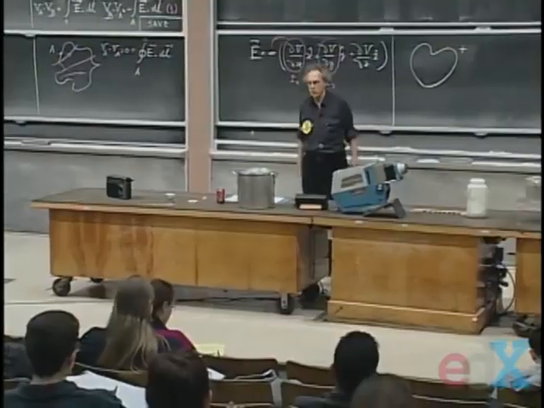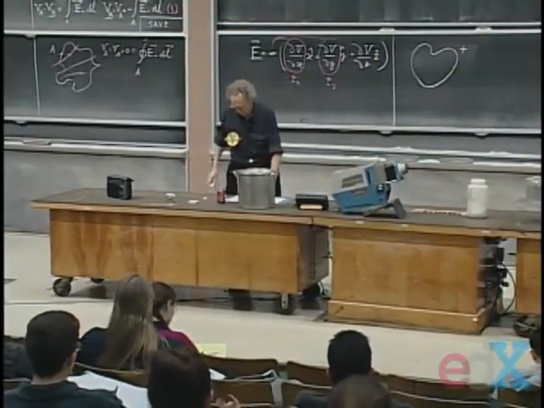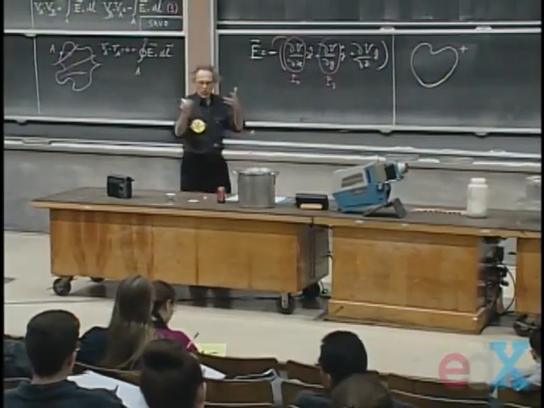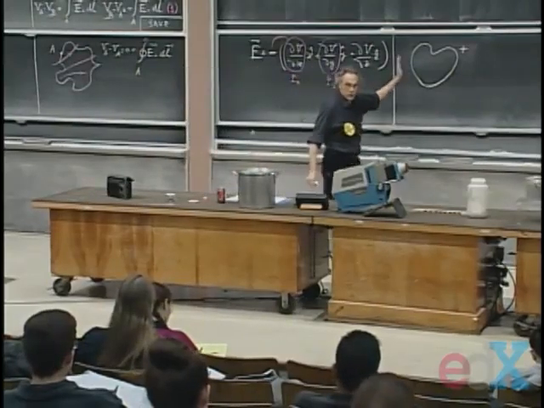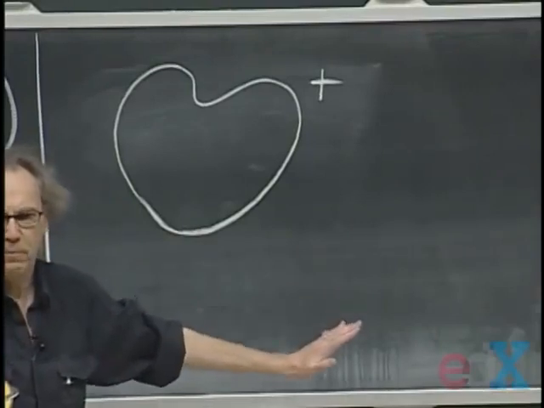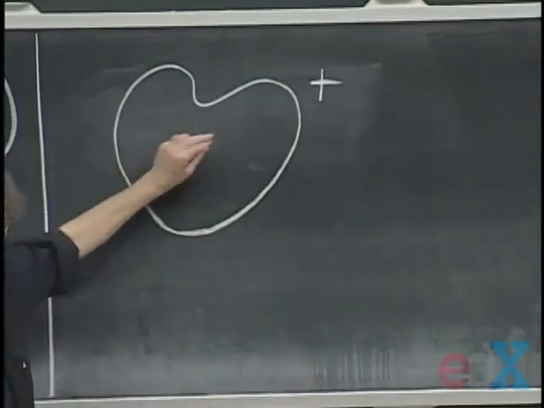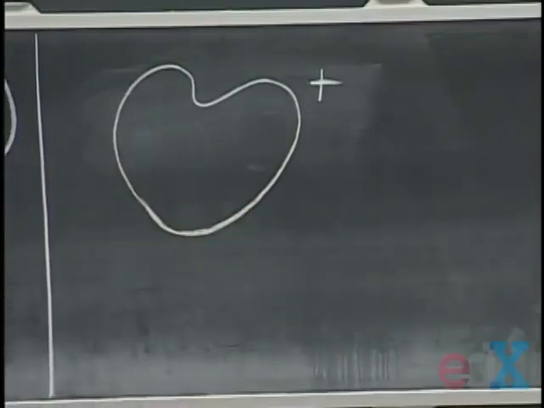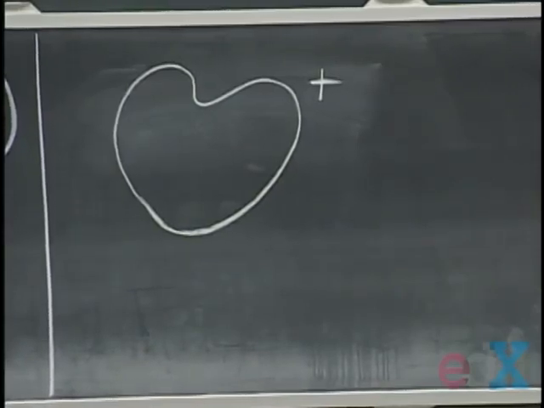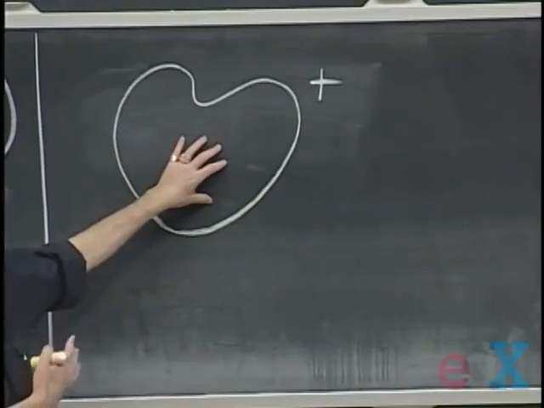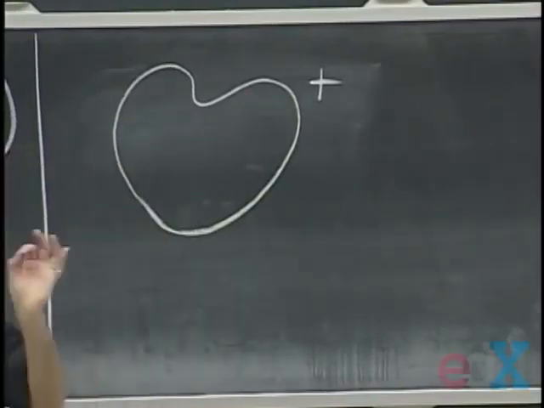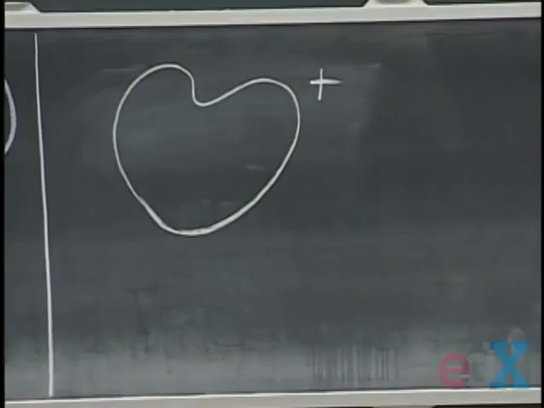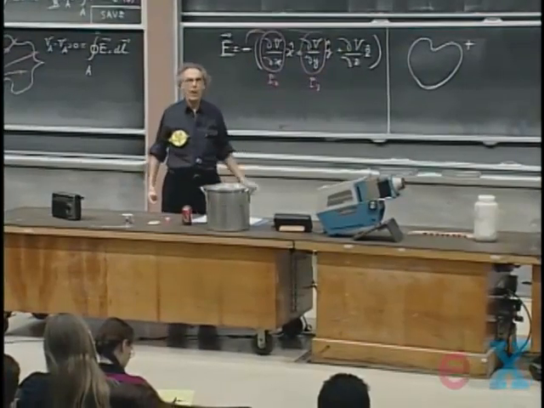Plus or minus, let's just take plus for now. And so the question I'm asking you now, this is a conductor, this is not an insulator. The story for insulators is totally different. This has free moving electrons inside. I'm asking you now, if I touch this conducting heart, by the way, your heart is a very good conductor, where would this charge end up? Where would it go to?